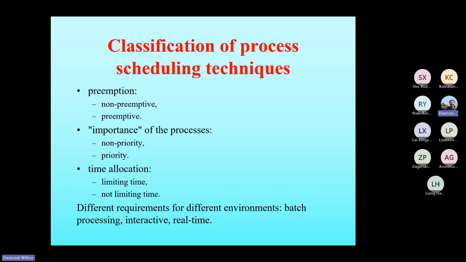Scheduling always takes place if we have potentially or actually fewer resources than processes that want to use those resources. So limiting the time is for short-term scheduling, bottom-level scheduling, scheduling with access to the processor.